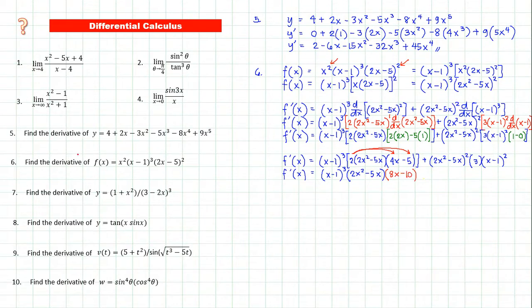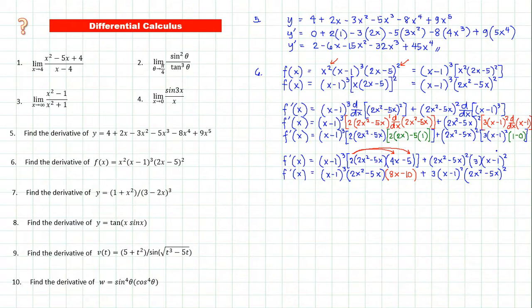Di ba? So ito naman, ganun pa rin, plus. So unahin ko lang siguro yung 3. 3 times x minus 1 quantity squared times 2x squared minus 5x quantity squared.